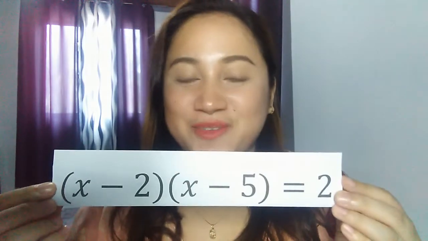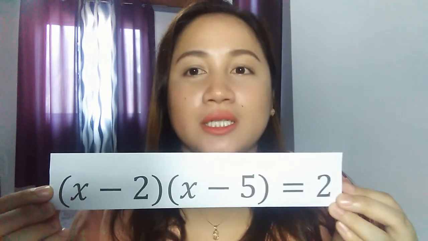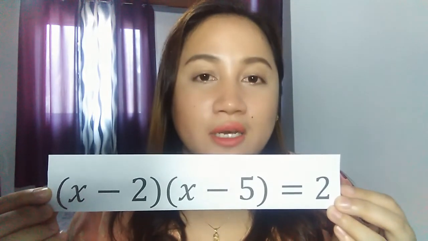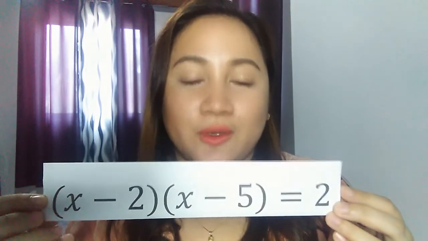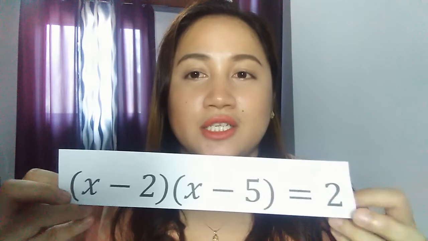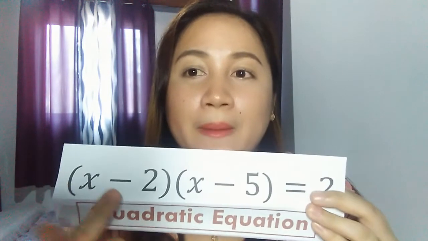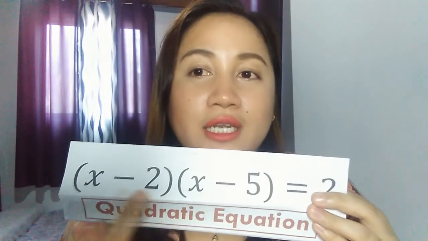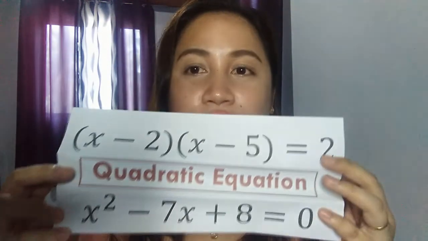The next one is we have the quantity of x minus 2 times the quantity of x minus 5 equals 2. Is it quadratic or not a quadratic equation? So, in our previous examples, yung mga examples natin sa discussion, this is a quadratic equation kasi yung product nitong dalawa will result into a quadratic equation, which is ito yon.